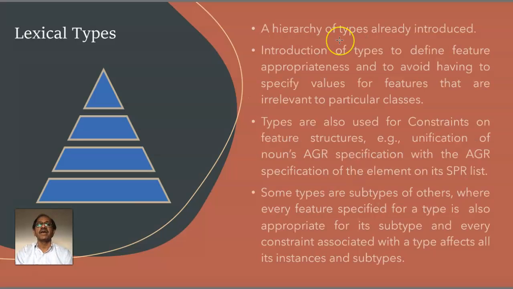structured. We have already introduced a hierarchy of types, and we have introduced the types in order to define appropriate features for each lexical item, and also to avoid specifying values for features that are irrelevant to particular classes. For example, a class of nouns has certain types of features which verbs do not have.